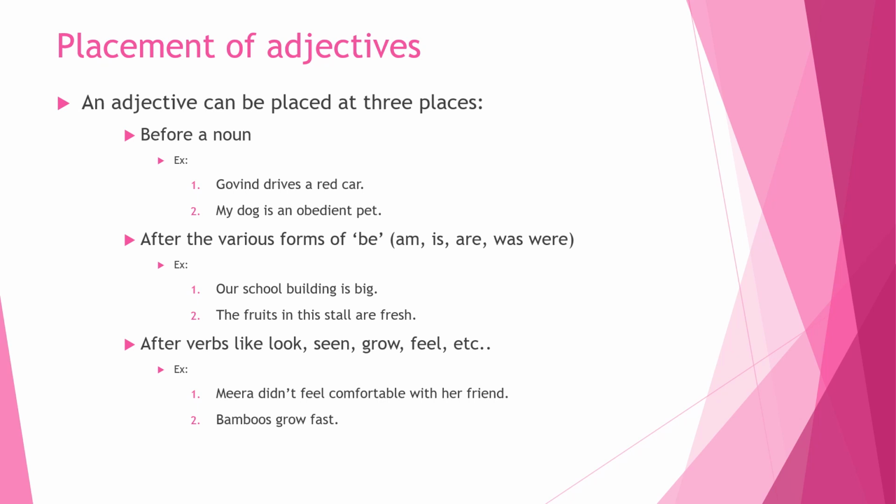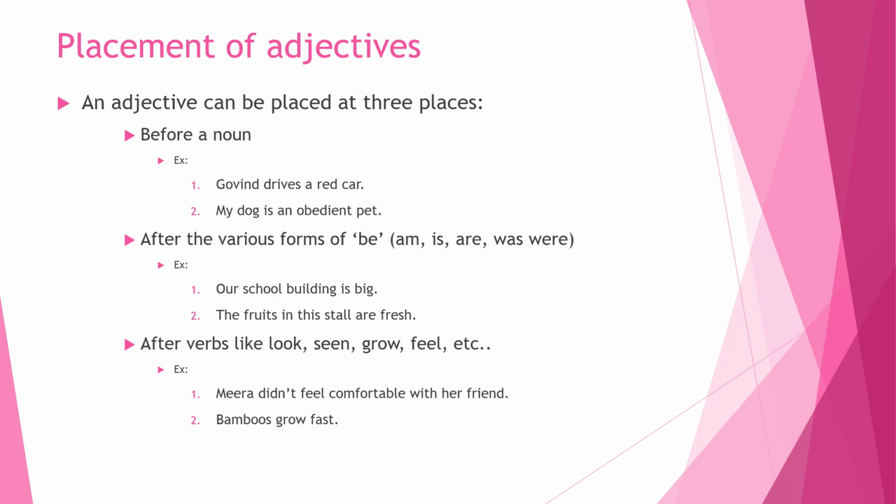In this sentence, pet is a noun and obedient is an adjective. As I told you, an adjective can be placed before a noun. In this sentence, pet is a noun and obedient, that is adjective, is placed before the pet.